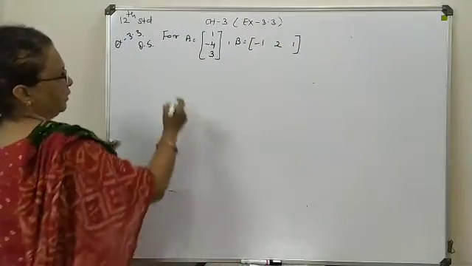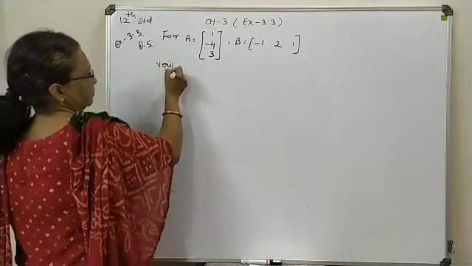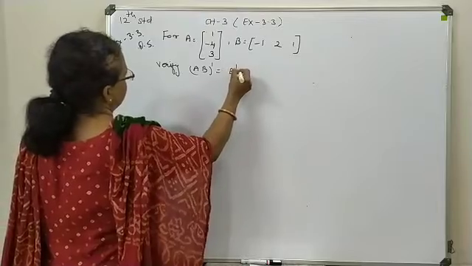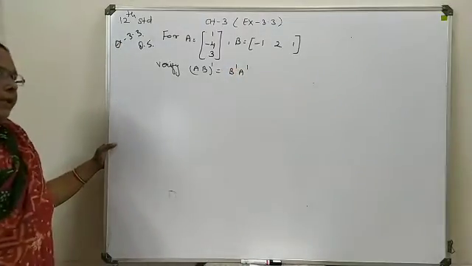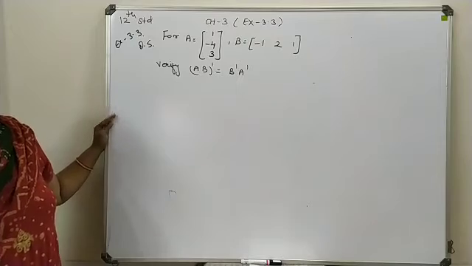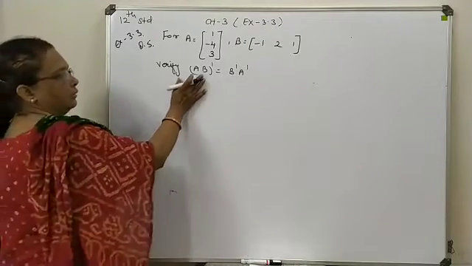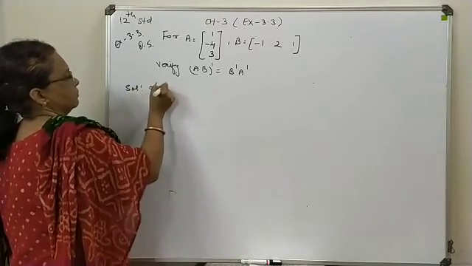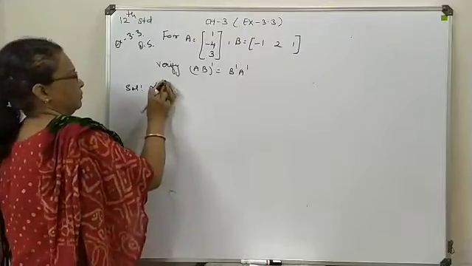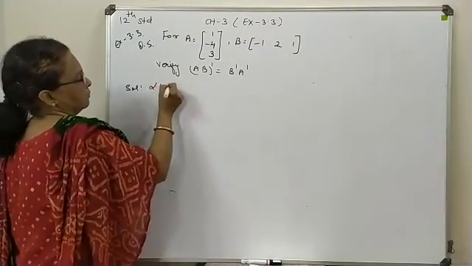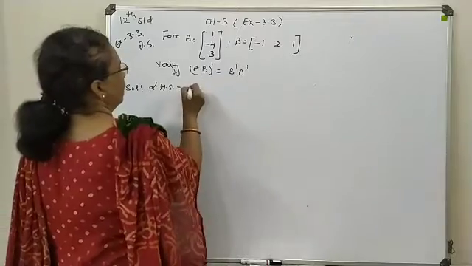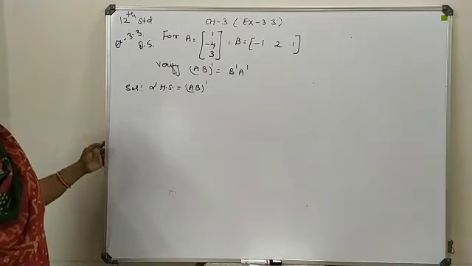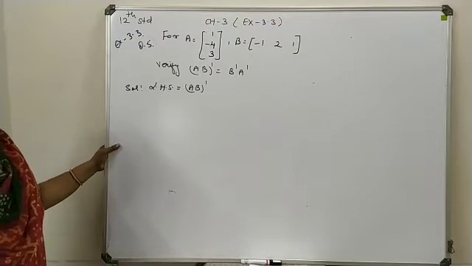You have to verify that (AB) transpose is the same as B transpose A transpose. This is the product rule for transpose. Now let's start with the left-hand side, in which we require AB and its transpose form. So first of all we will move for A into B.